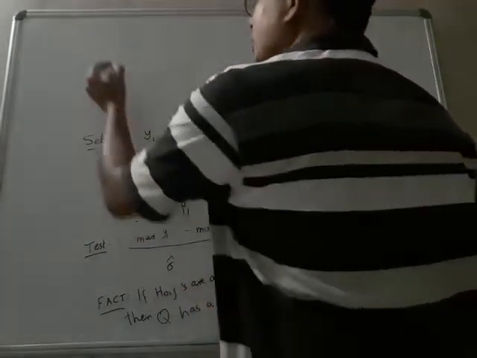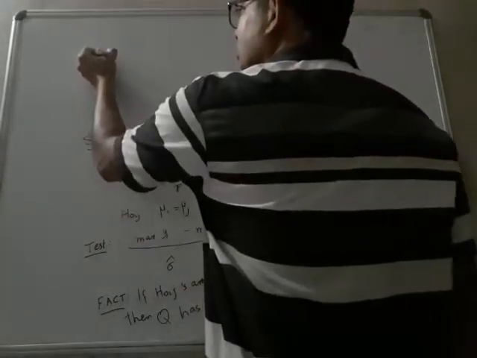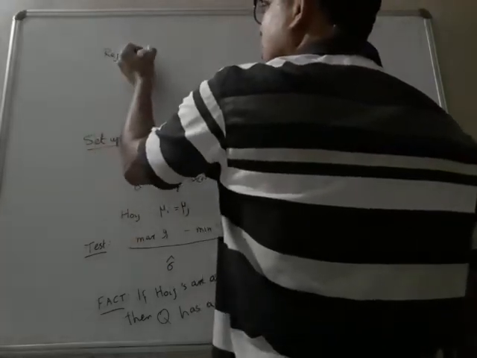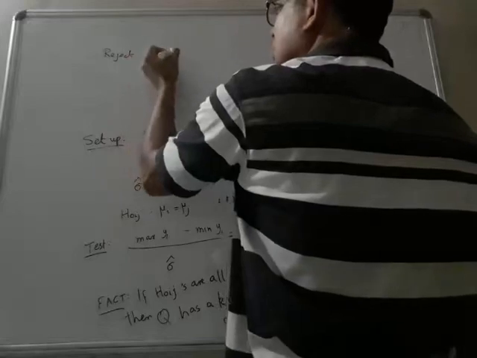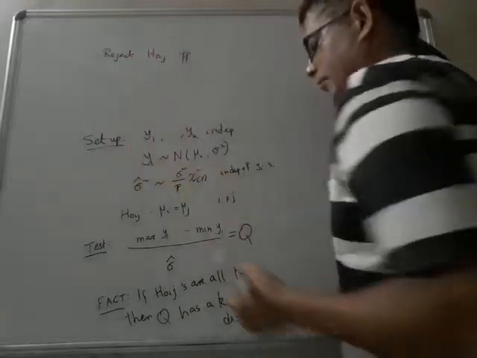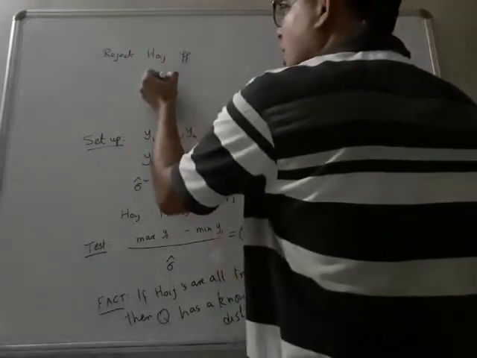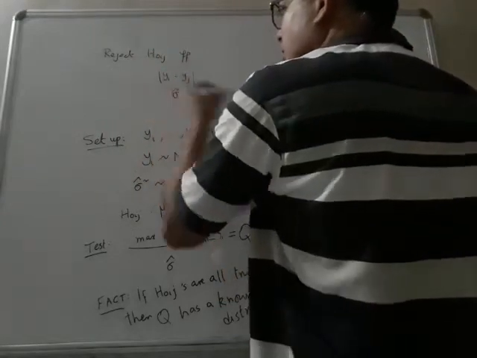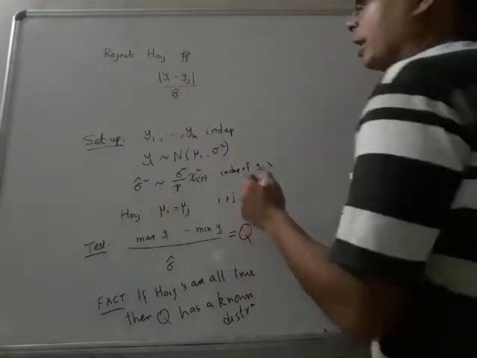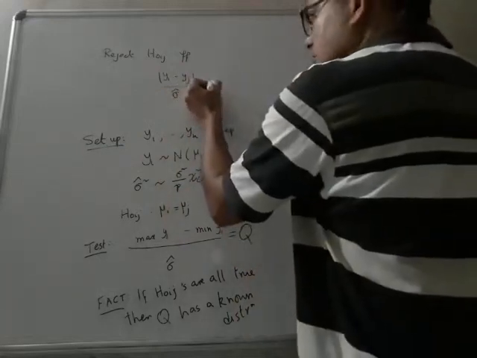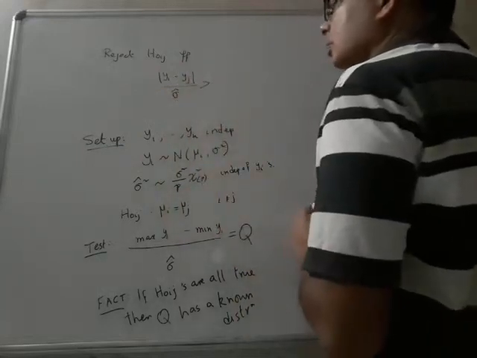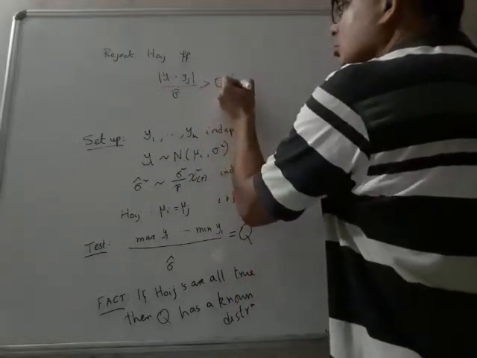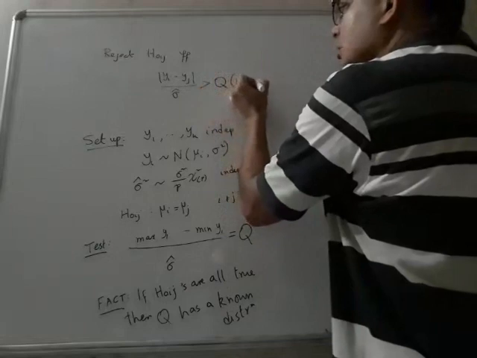What I will do is, you will reject H naught ij if and only if yi minus yj divided by sigma hat, which is square root of sigma squared hat, exceeds q1 minus alpha.